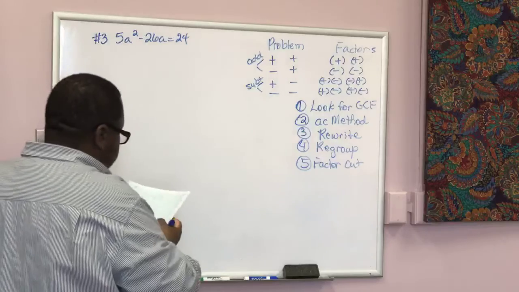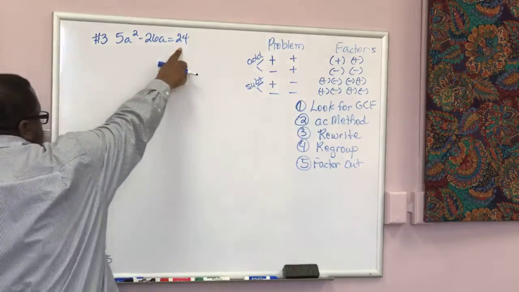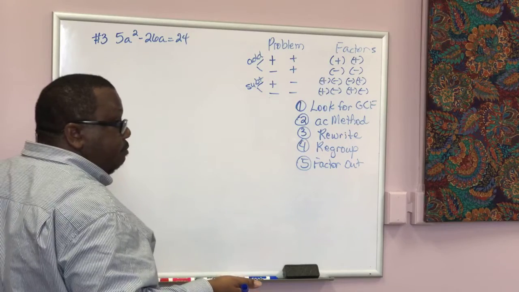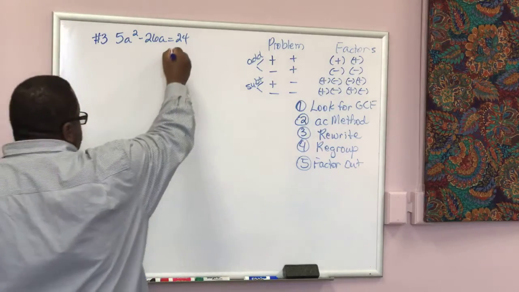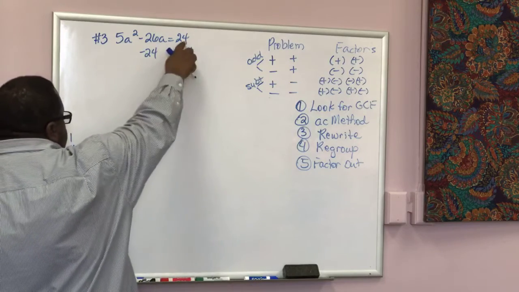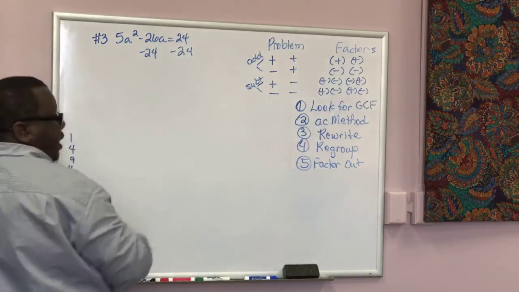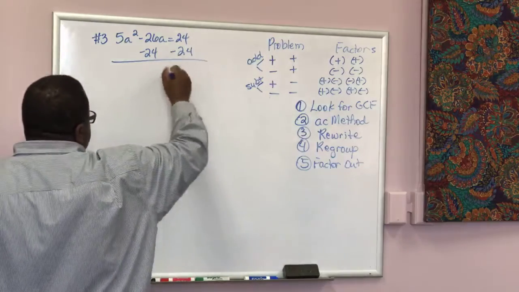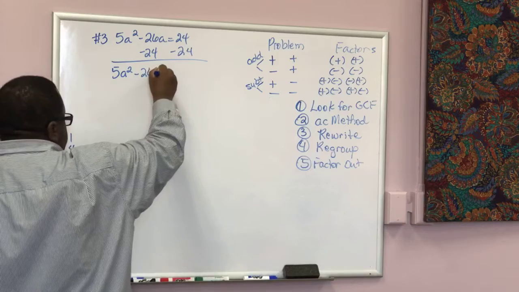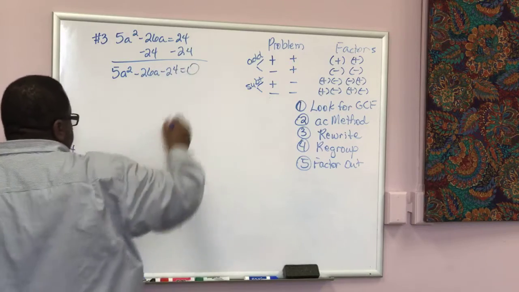Okay? So we want this side equal to what again? 0. So in order to do that, for this side to be 0, we got to subtract 24 from both sides. So we're going to have 5a squared minus 26a minus 24 equals what?